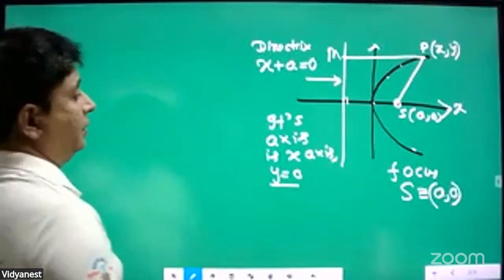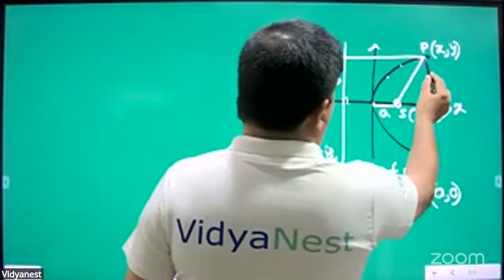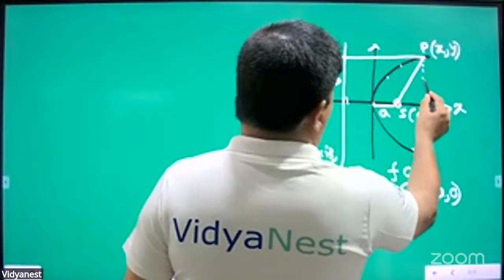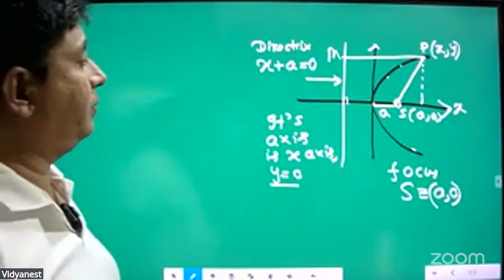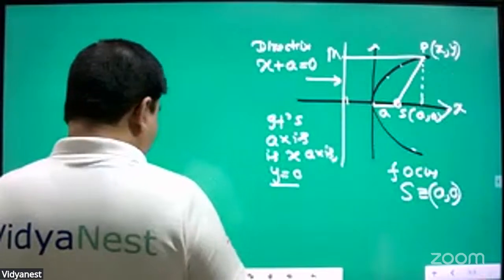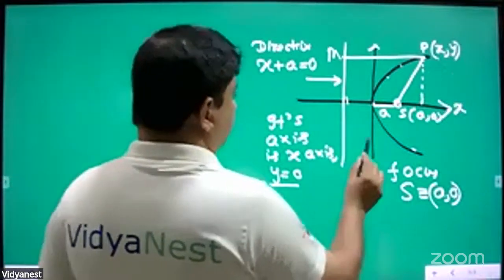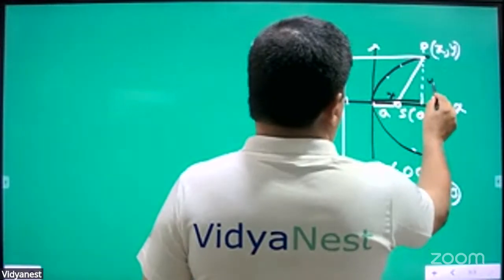Now this length is a, and let us drop a perpendicular. What is the coordinate of this point? x comma y. This is x, this is y.